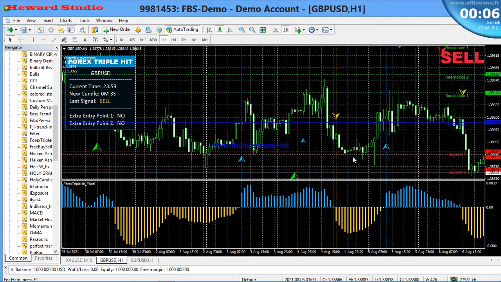And look at what happened here. It started reducing till the buy sign showed up.